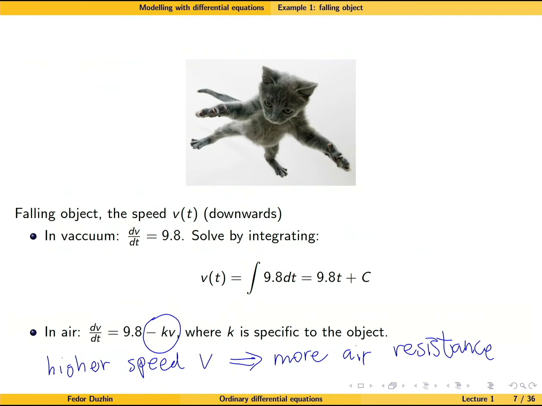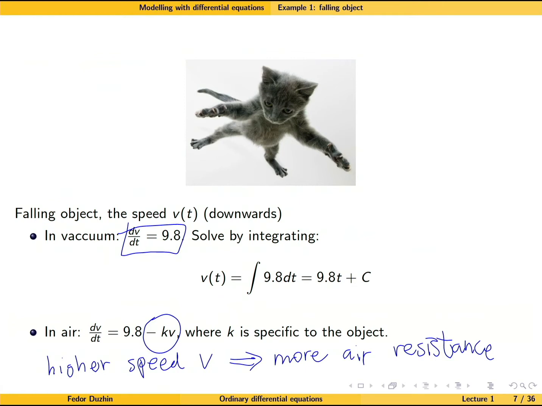So just know that although the first equation is very accurate, this one is just the true equation. Whenever an object falls in vacuum, it satisfies this law of constant acceleration. But in air, it is somehow more complicated.